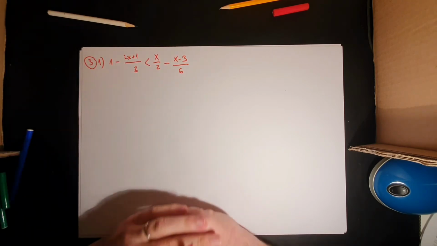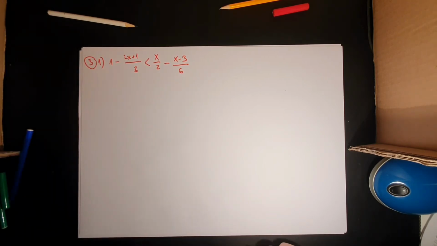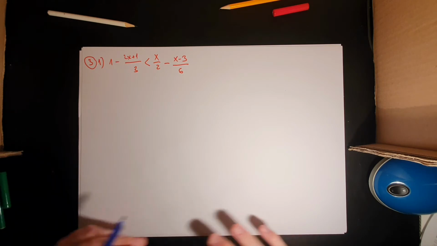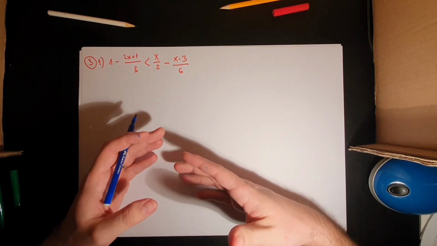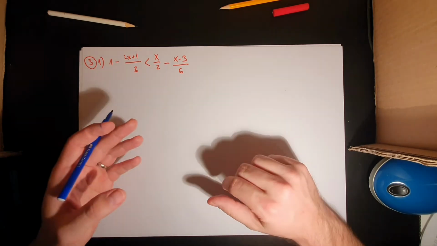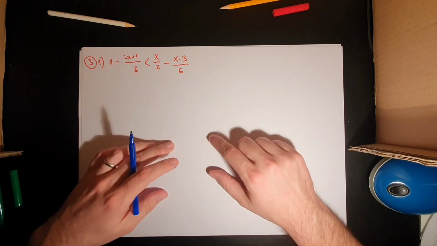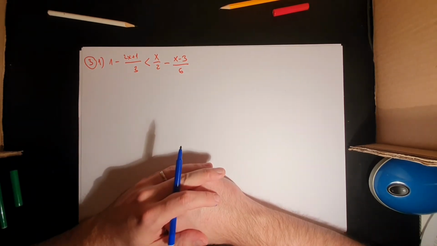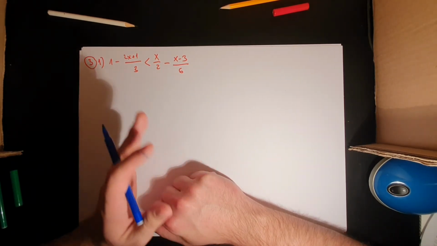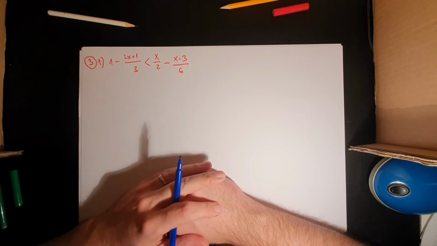Okay, so this is the inequation this time. Now, again, I can use the same method like in the last two tasks, and that is that I solve it in a way that I don't multiply with the common denominator. I'm going to leave that to you.